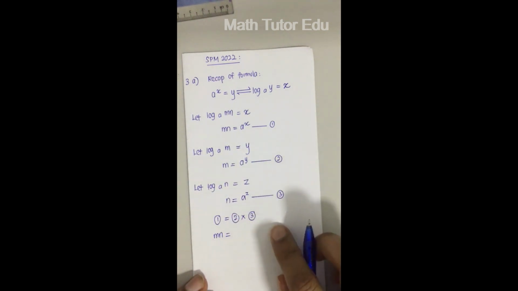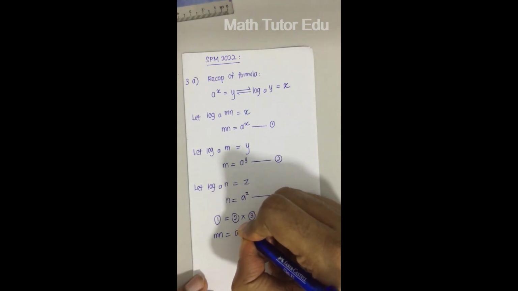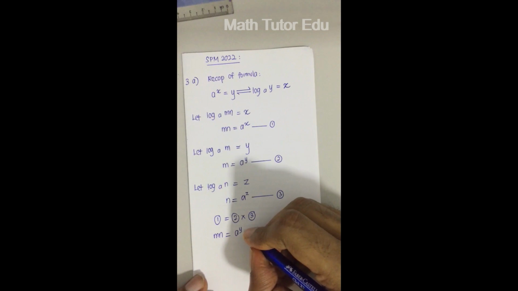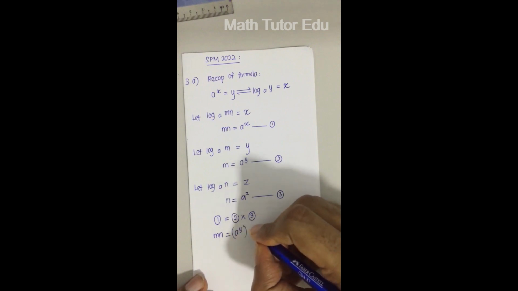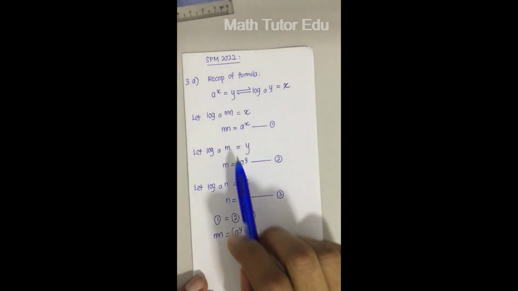In this case, mn equals a to the power of y times a to the power of z, where a to the power of y is m and a to the power of z is n. I hope you understand what I mean, guys.